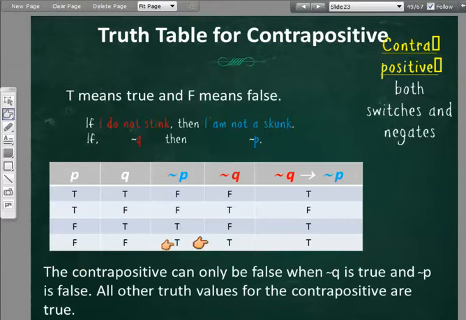And then here's the last one. If both not P and not Q are true, then the statement's true. It says the contrapositive can only be false when not Q is true and not P is false. All other truth values for the contrapositive are true.